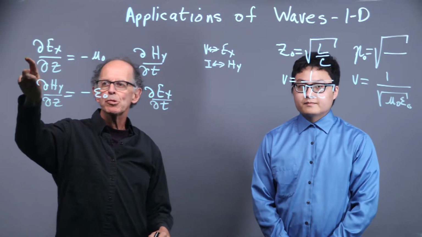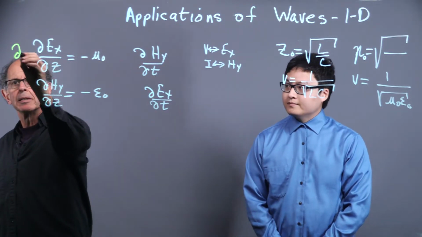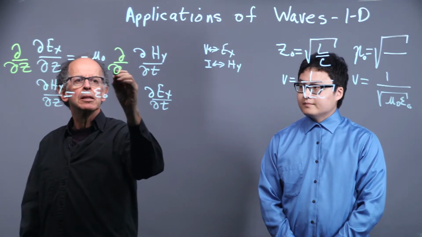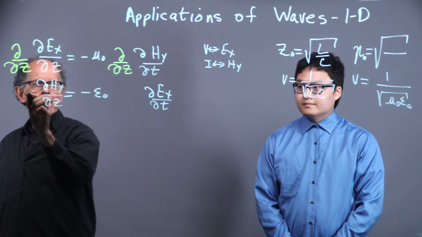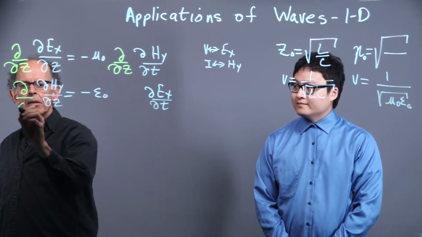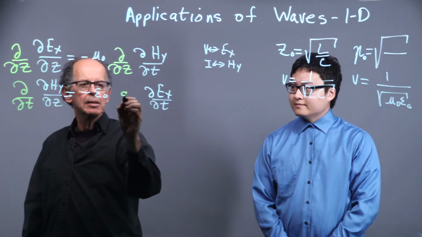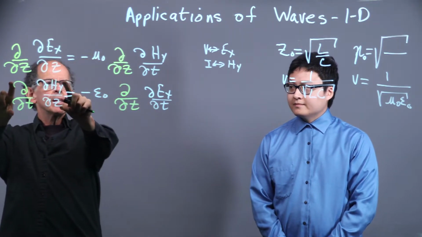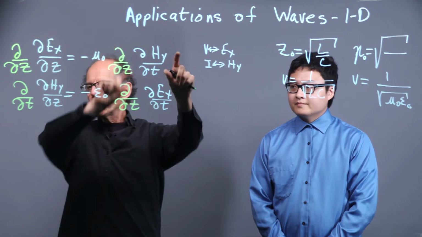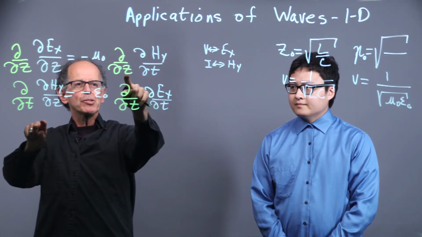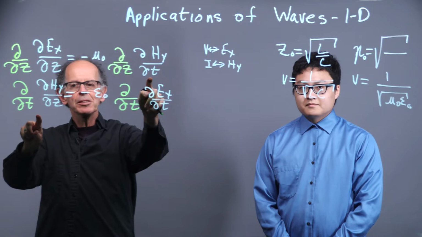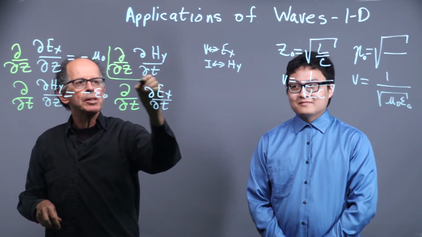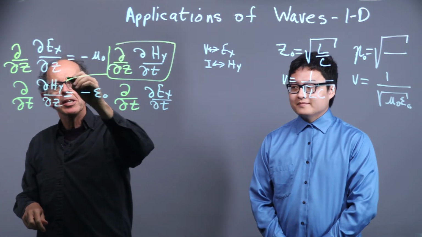I'll differentiate this with respect to Z, and this with respect to T. Now, you can see that this is the same as this. You say, well, wait a minute, it's not the same, because here we differentiate Z second and T first, and here it's the other way around, but the two are the same.